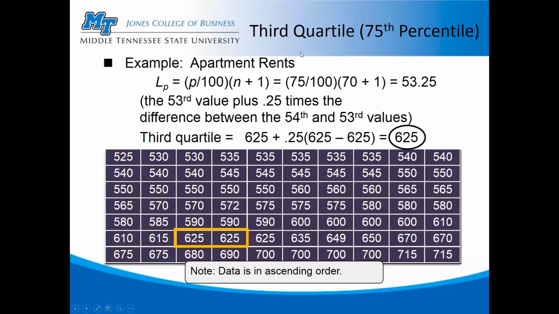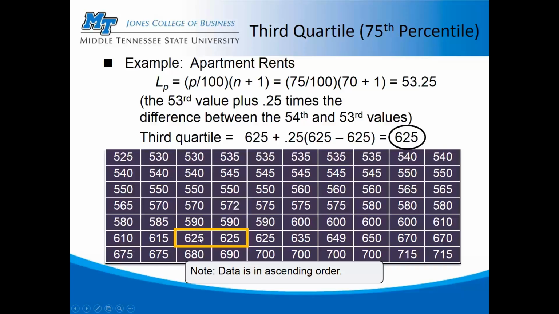So here we're finding the third quartile. We're finding the 75th percentile. So we plug the number into the formula and we figure out that it's located at position 53.25. Now in this case we're lucky. The 10th one, 20th one, 30th one, 40th one, 50th one. 610's in position 51. 615's in position 52.